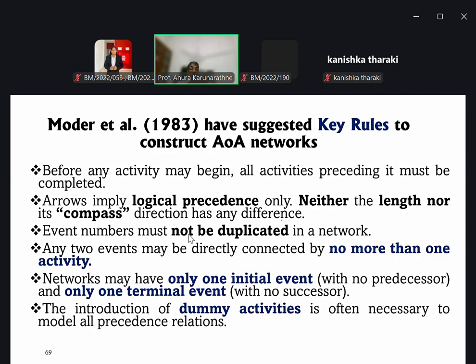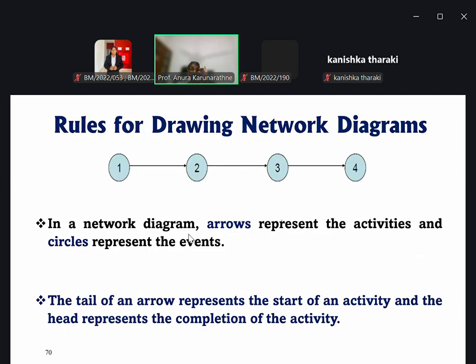So here you can see these particular rules again. Always we draw the network from left hand side to right hand side, right? These are the criteria. In a network diagram, arrows represent activities and circles represent the events, right? The second point, the tail. You know that this is the tail. Now in this case, this is the tail here, this is the head, right?